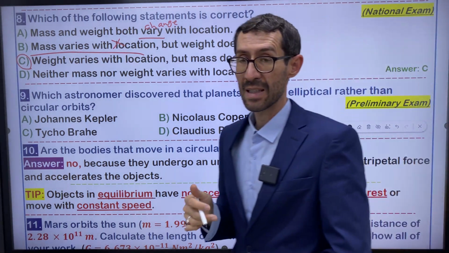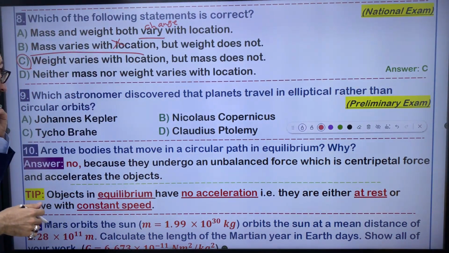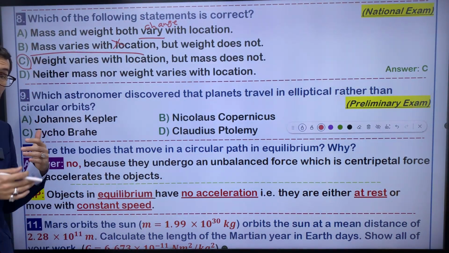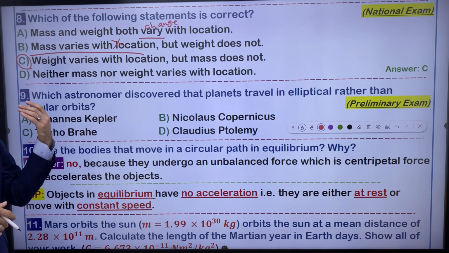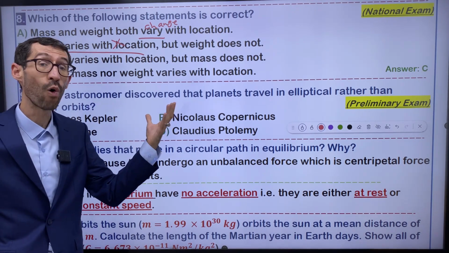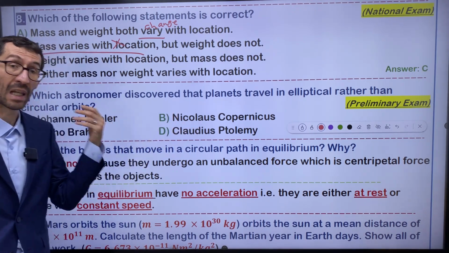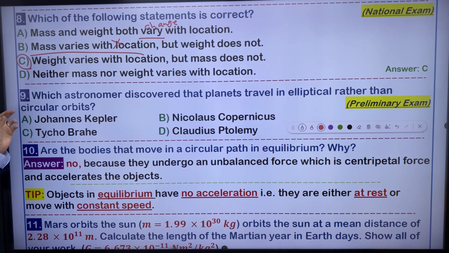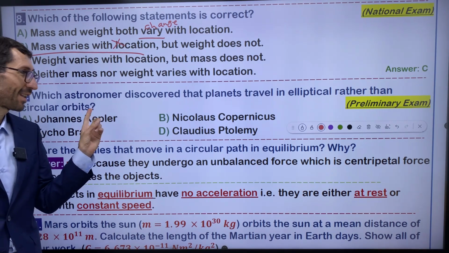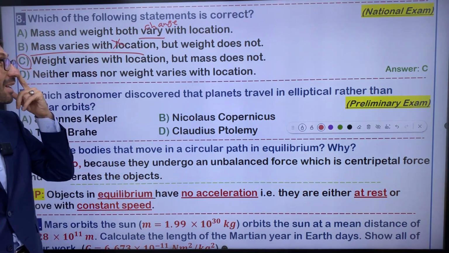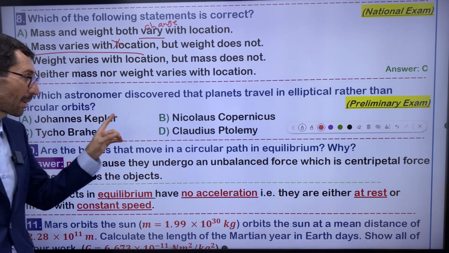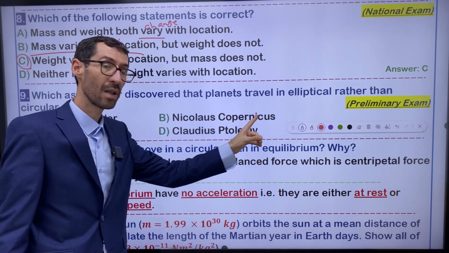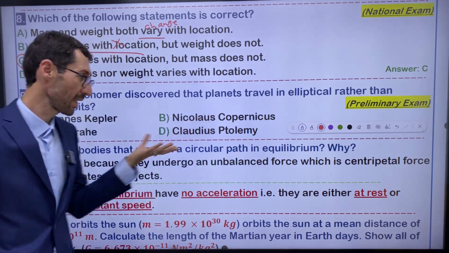Which one said that the orbit of a planet about the sun is oval or egg-shaped or elliptical, right? A, Johannes Kepler. I spoiled the answer in the previous question. Johannes Kepler. B, Nicholas Copernicus, right?